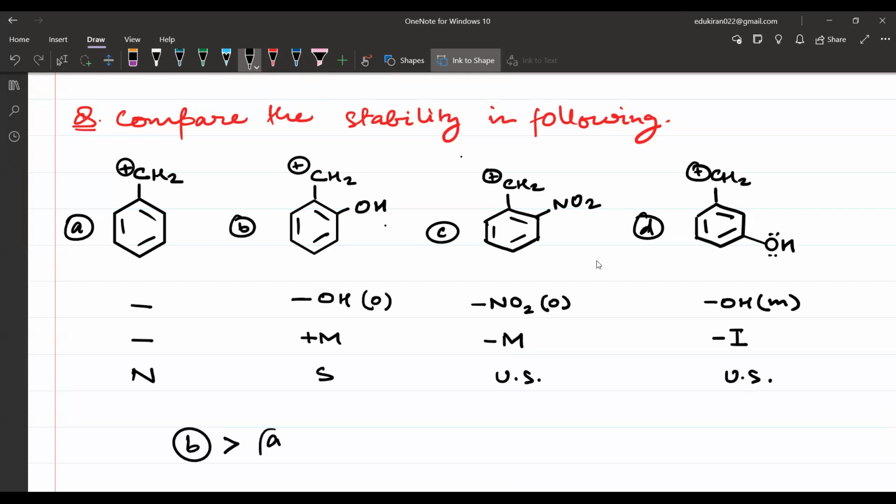Then you have A, because it is neutral. इसमें unstable भी नहीं हो रहा है. It is not getting unstable. It is just neutral here. Okay, B, then A, and after that minus M is going to pull electron more than minus I. So उसके बाद आएगा आपके पास B case, which is highly unstable, and this is not very highly stable. This is having C. So this is the order.